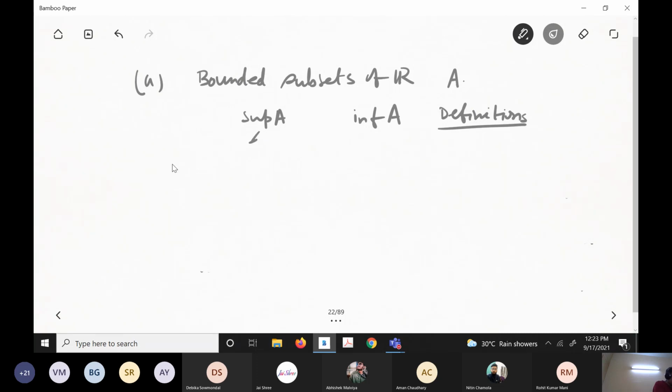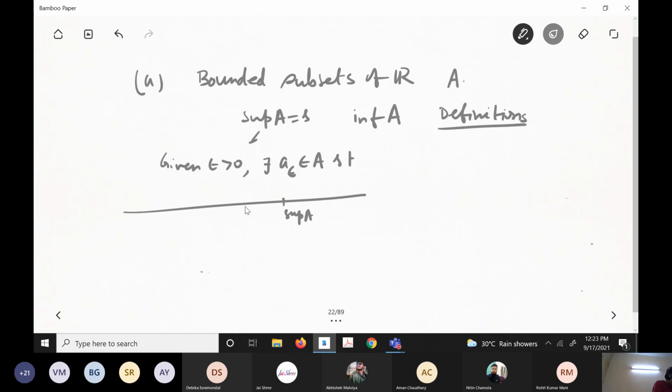If I take a given epsilon greater than 0, there exists a_epsilon, this will depend on epsilon, belonging to A such that, now look here, we are having sup A, suppose sup A you can call it S, and here this is S minus epsilon. And you will get a point a_epsilon such that S minus epsilon is less than a_epsilon, and a_epsilon is at most sup A. You tell me which way you can put this equality may happen. Which way?